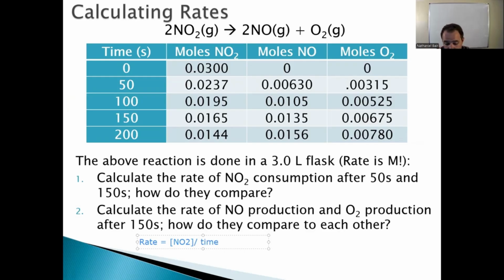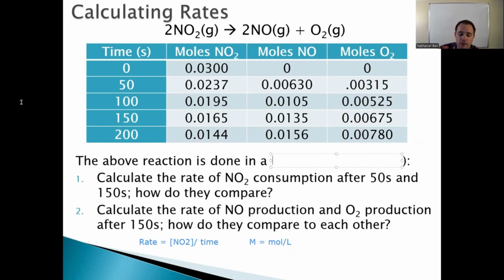And molarity is moles per liter. It is an amount per volume. So before we can calculate a rate, we have to turn these values into concentrations. How do we do that? Well, we have the moles, and these are all gases. We just need to know the volume of the container. So I'm telling you, it's a 3-liter container.